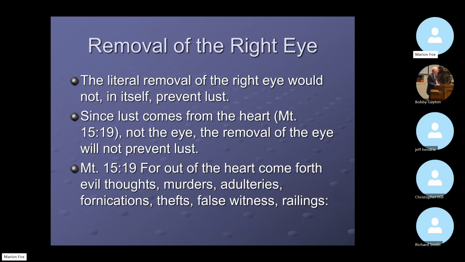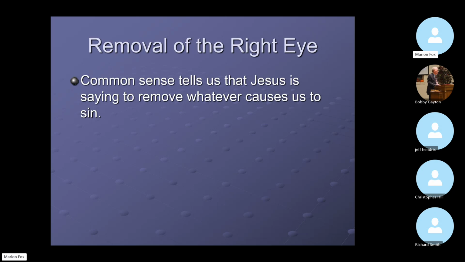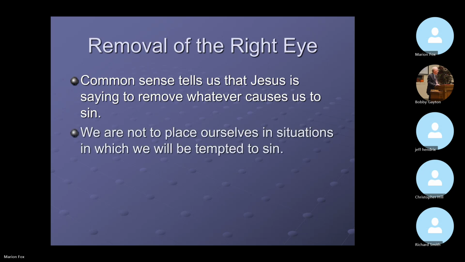These come from the heart. And common sense tells us that Jesus is saying to remove whatever causes one to sin. That's what he's telling us, not telling us to pluck your eyeball out. That's foolish, and it wouldn't do the job anyhow.